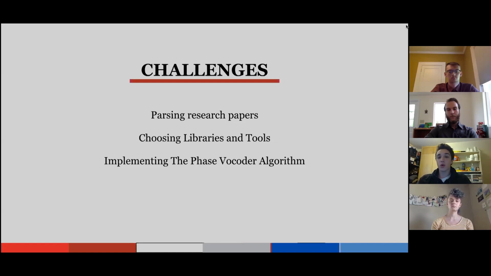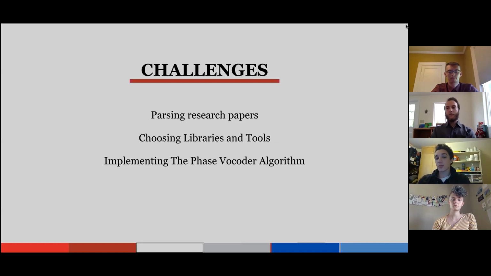And so when we would jump from one research paper to another to get more information on how to carry this through, not only would the language be different in the ways that it would be applied, but it would also be different in their method. So figuring out which pieces we were going to transfer over and use in our code, or what we were going to use as information on what not to do in our code, was a challenge.